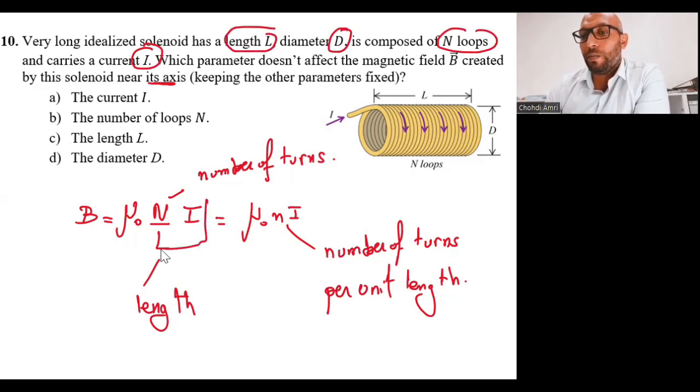From this equation, we can see that the magnetic field depends on the number of turns, the length, and the current. So which parameter does not affect the magnetic field? Of course, it's the diameter.